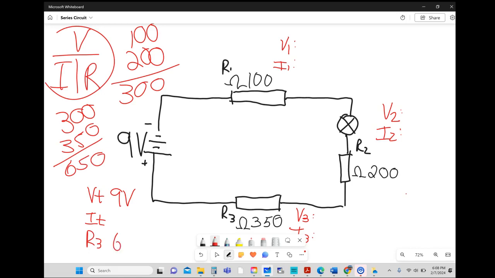So I put that in, 650. Boom. Okay. Now that I know that, what am I solving for? Yep, trying to solve for I.